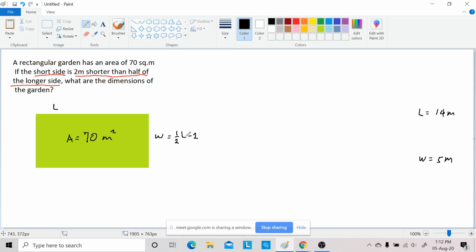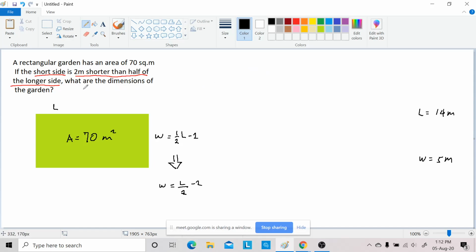That's 1/2 L minus 2. Or you can simplify that to W is equal to L over 2 minus 2. Okay, clear? What else? Anything else? Okay, I think no more.